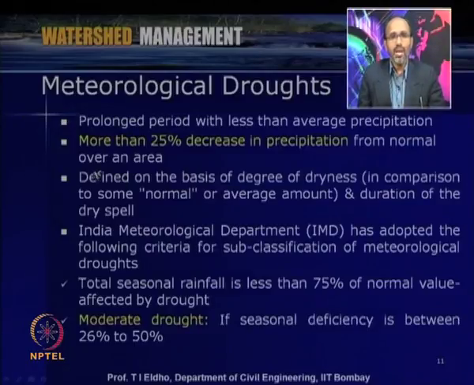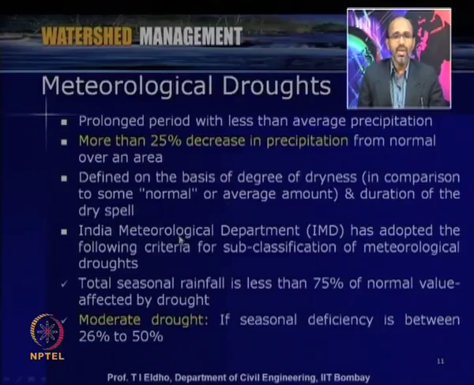That way we can define the drought situation on the basis of degree of dryness, in comparison to some normal or average amounts and duration of the dry spell. Accordingly, we can classify the meteorological droughts based on the degree of dryness.